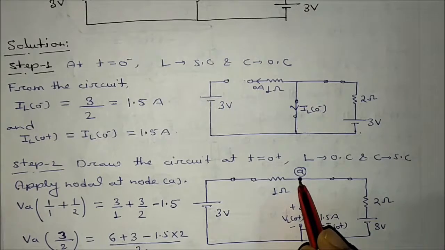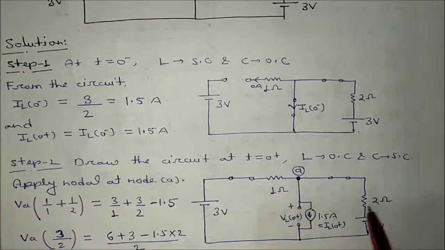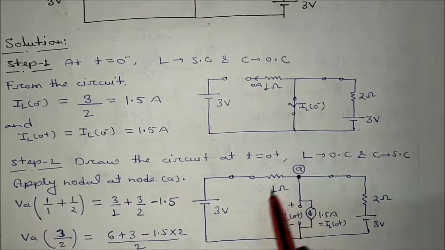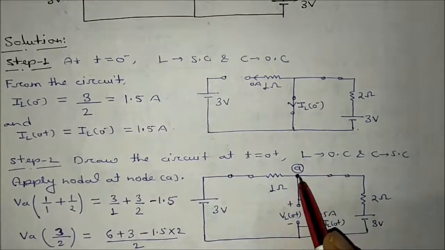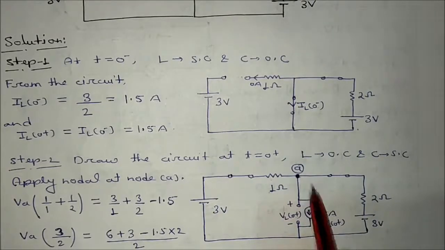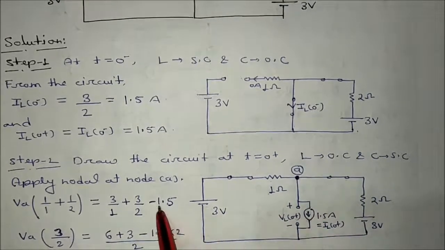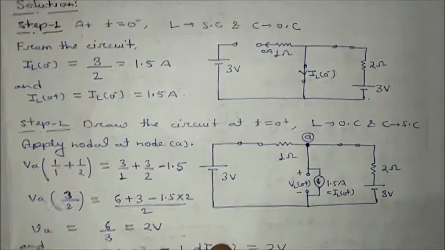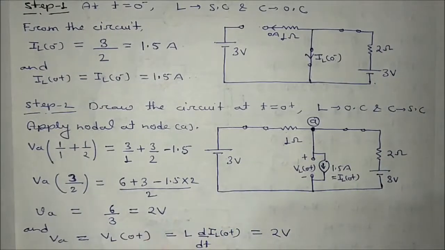VA times bracket 1 by 1 plus 1 by 2, bracket close, is equal to, this terminal is connected to positive here, so 3 by 1. This terminal is also connected to positive here, so 3 by 2. Next, this current is outgoing, so taking minus 1.5. So VA, if you calculate, you will get 2 volt.